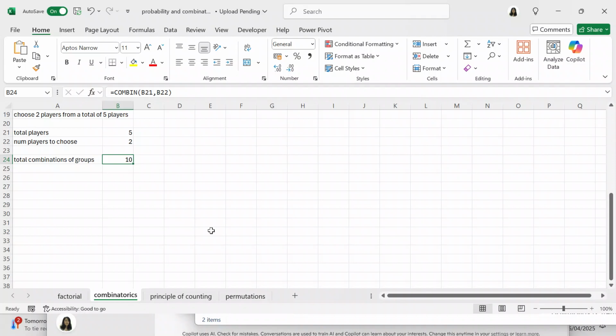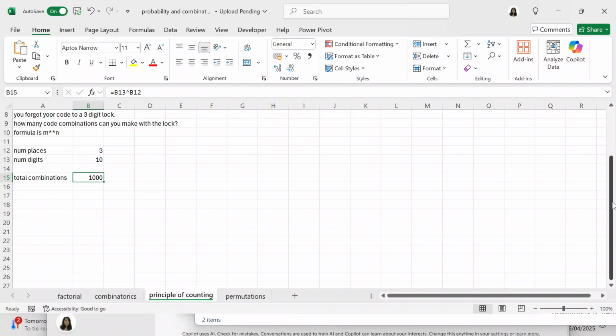So you have a total of 5 players, and the number of players that you want to choose is 2. Then you have the total number of combinations that you can select from those 5 players. It's equals COMBIN, and it's going to be 5, 2. And you're going to get an answer of 10. So that's an example of how you can do combinatorics.